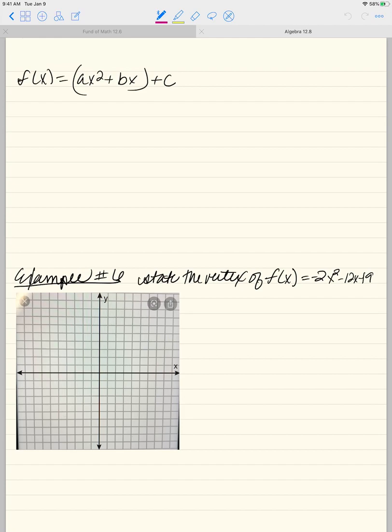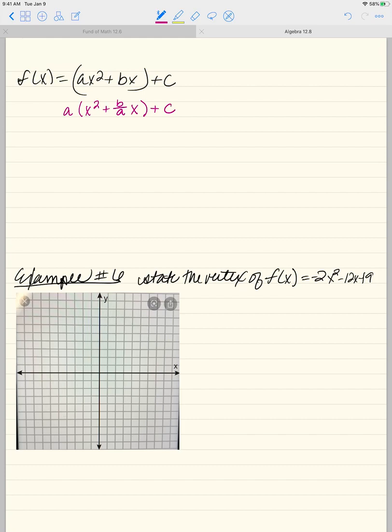Group the terms, which I've grouped, and then factor out the leading coefficient a. This is assuming a is not 1. So when we factor out a here, we get a(x² + (b/a)x) + c, because b/a times a would give me just b.